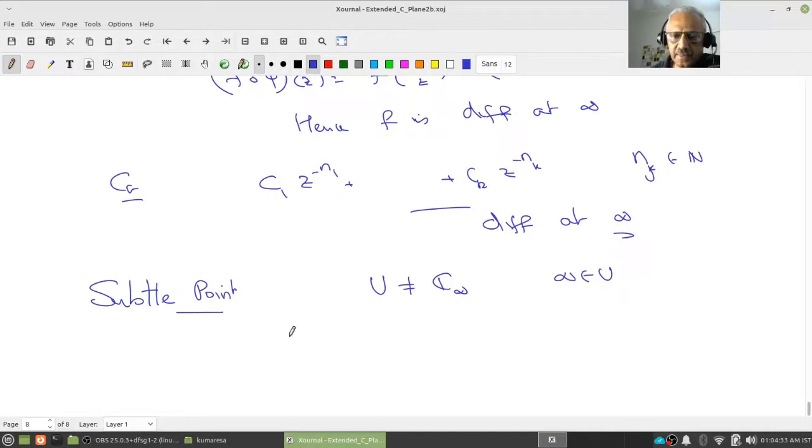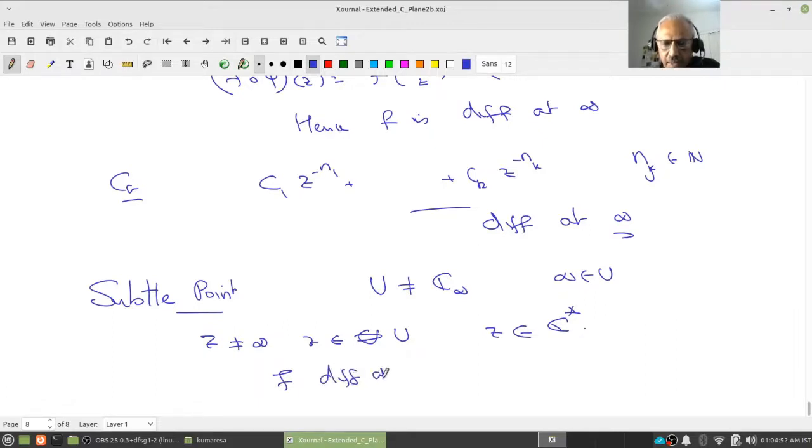Then suppose z is not equal to infinity and z belongs to U. Then you see that z belongs to C star, therefore f is differentiable at z. But this is the same as saying f composite phi is differentiable at phi of z, that is, at 1 by z. Are you following?